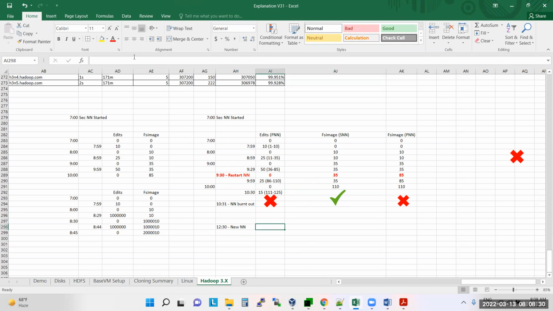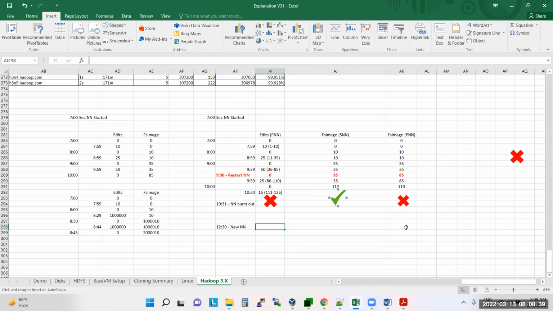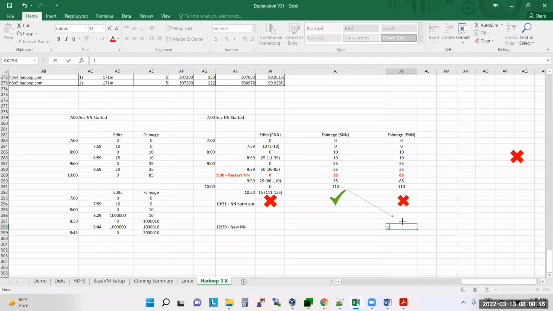Yes or no? Yes, sir. So I will copy these two from here to here. It means that I will have the FS image of 110. This is fine. But what about the 15?